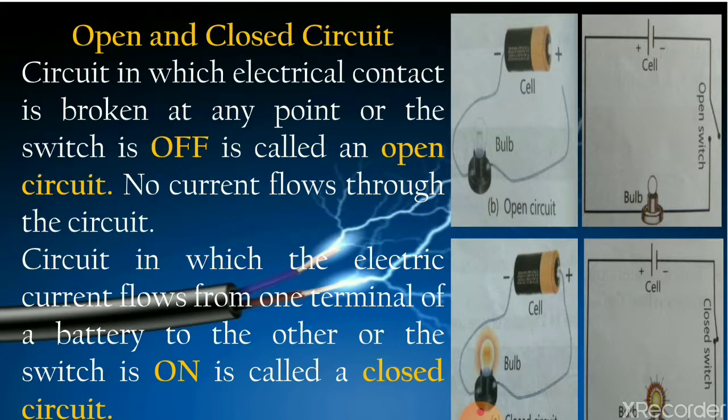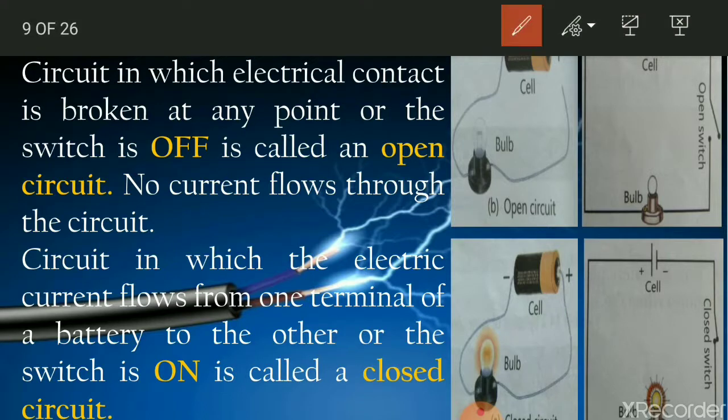So the circuit in which electrical contact is broken, here you can see in the diagram also. Here, this is a cell, this is a bulb, and these are the connecting wires. Here, this connecting wire is not attached or joined to the other end or positive terminal of the cell. It means this is an open circuit.